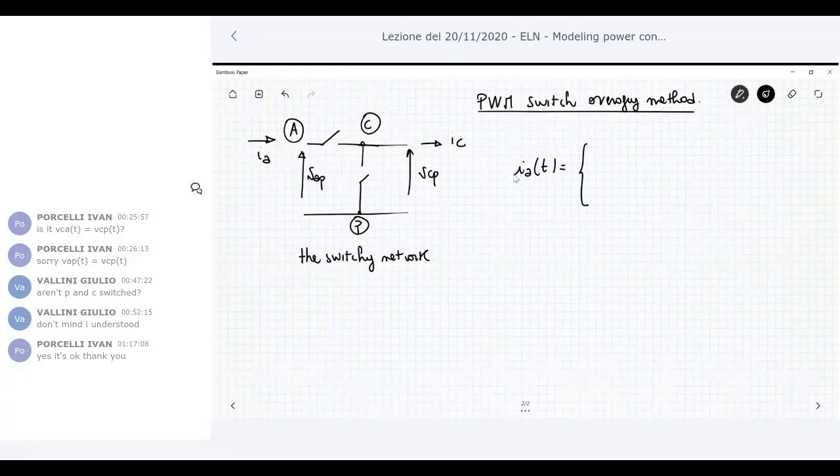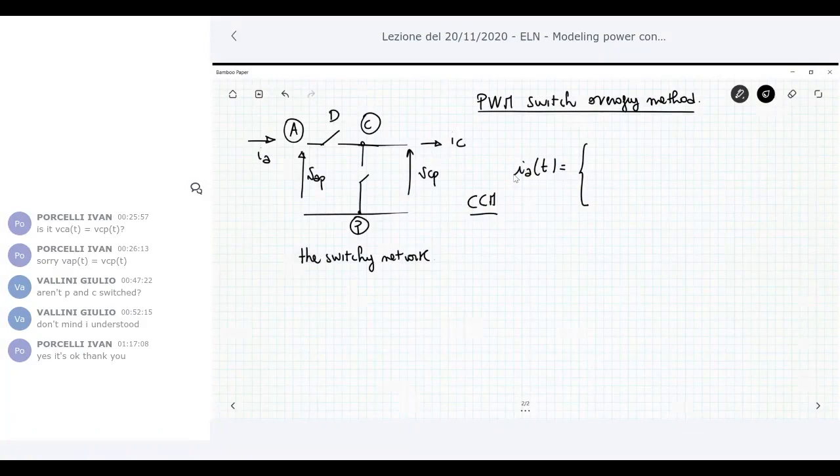Let me just describe what happens in continuous conduction mode. We are operating the converter in continuous conduction mode, meaning that you have 2 different time intervals in each cycle TS. The first one is T on or T1, in which the active switch is closed and the passive switch is open, and then T2 or T off, in which the opposite happens.